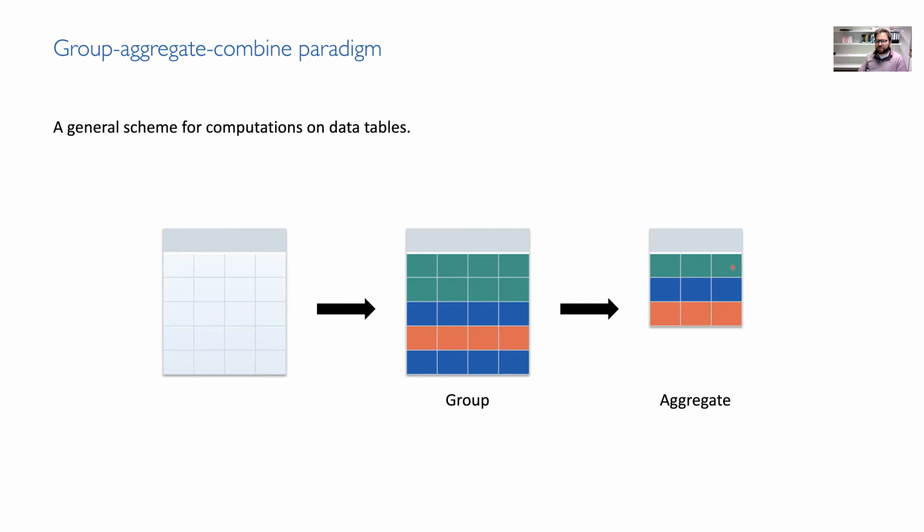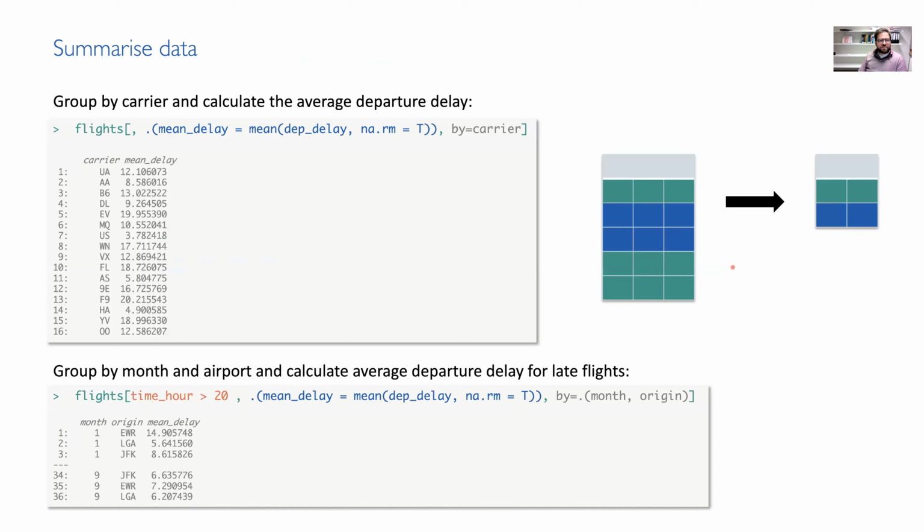And I'll also give you now a specific example of this. What we can do, for example, is group by carrier. So we might want to ask, are all carriers equally bad or equally good? Or is there one carrier that is worse than other carriers? The way we do that is we first group, that's the last column here. We take the flights data table, and we group all flights together that have the same carrier.